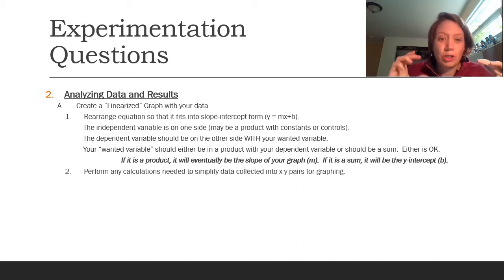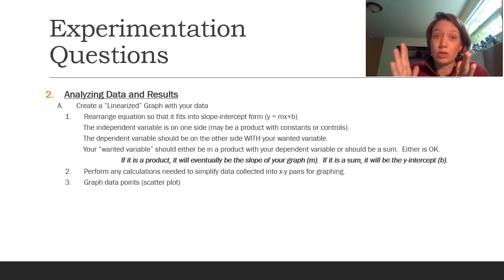Once you've got your equation in that format, then you might need to do some additional calculations in order to create some XY pairs for graphing. If your equation doesn't look straightforward, where your variables just fit right into those slots, you might have to do some additional calculations. I'll show you what that looks like on our sample problems here. Then the next step is just to go ahead and graph the data.